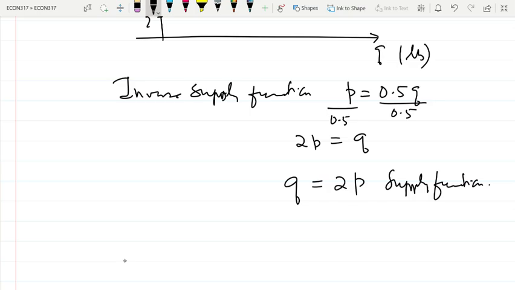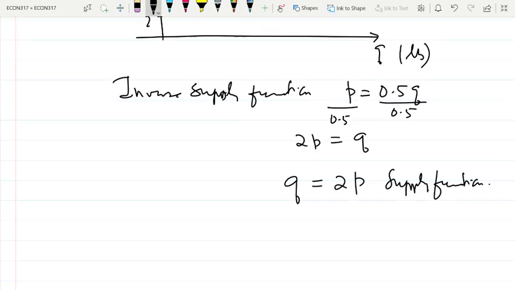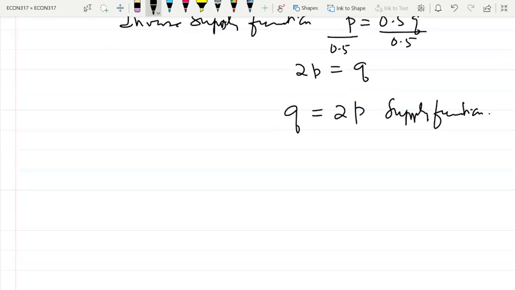So again we have both the supply as well as the inverse supply function. Any one of them is given to us, we can find the other. And so here I would like to assign an example for you to work as an exercise. Let's say the supply function is given to be Q equal to minus 4 plus 2P.